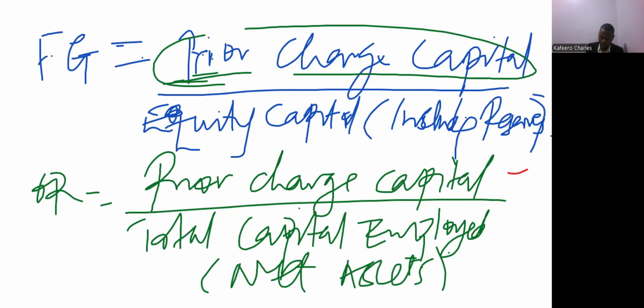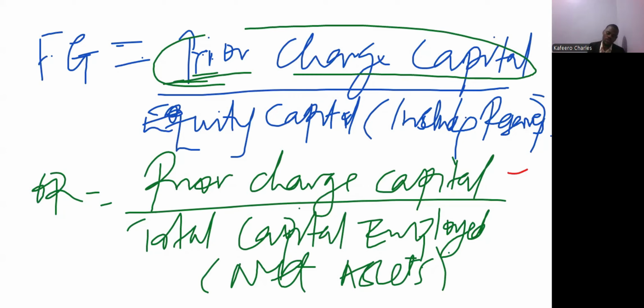So when I'm computing the financial gearing, I'm looking for prior charge capital. Technically, that is capital that has a right to receive interest, or you are supposed to pay interest on it.